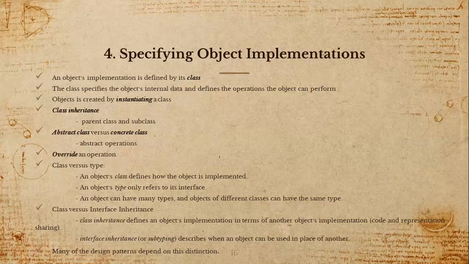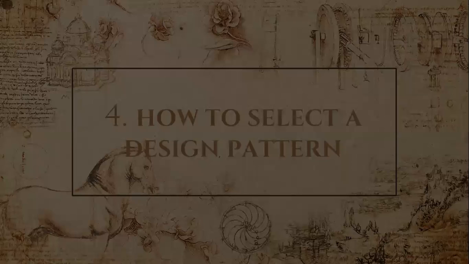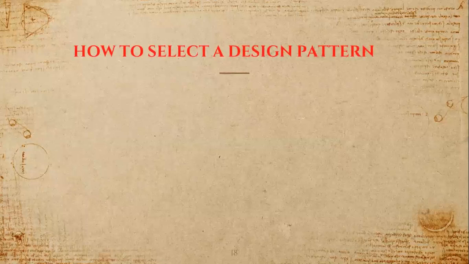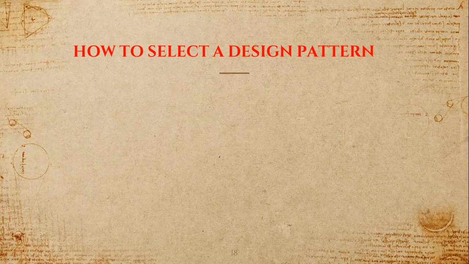Now, let us go to the next topic, that is how to select a design pattern. With more than 20 design patterns in the catalog, which we discussed at the start of this video, it might be hard to find the one that addresses a particular design problem, especially if the catalog is new and unfamiliar to you.